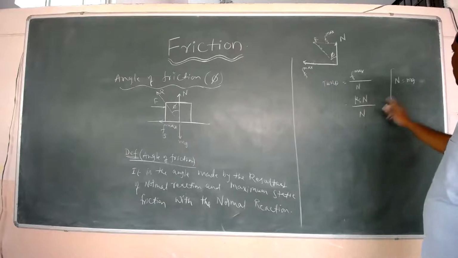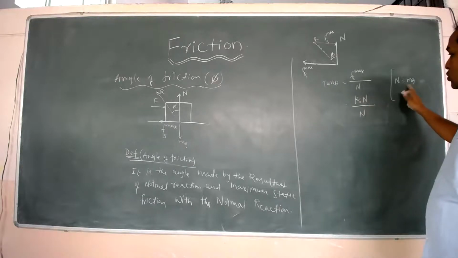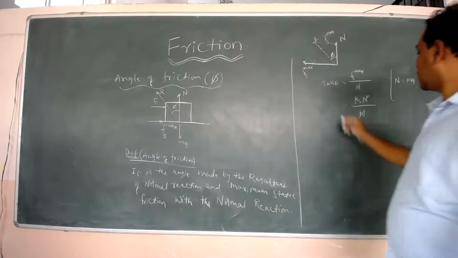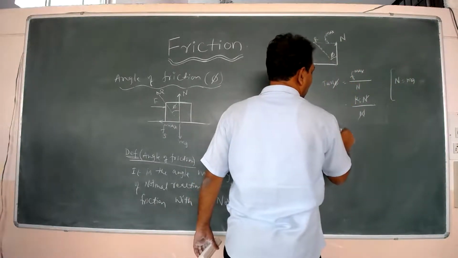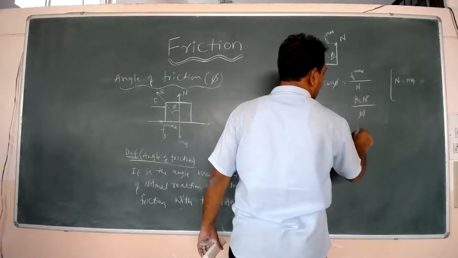These two will get cancelled. Therefore, tan phi is equal to mu s.